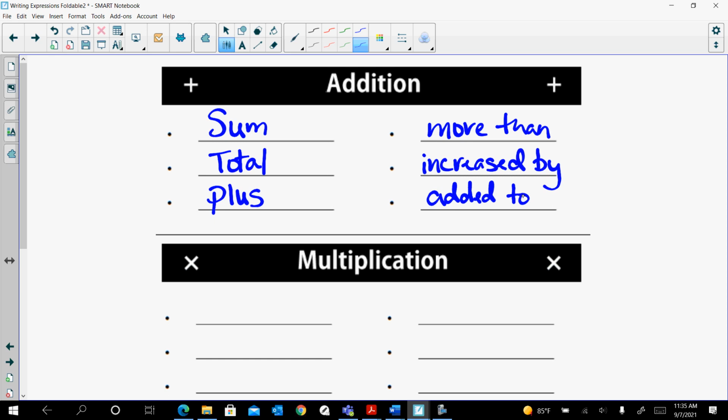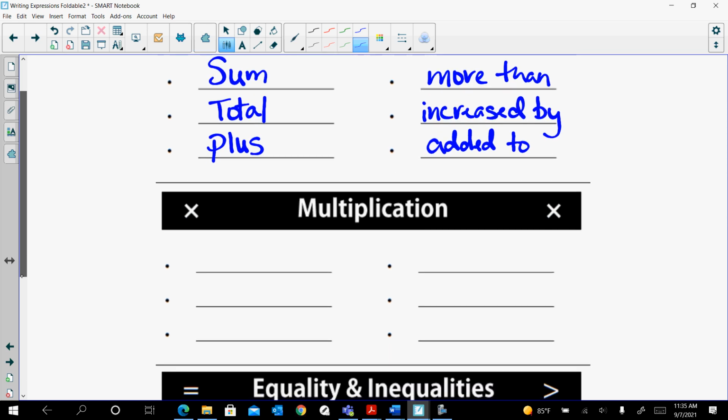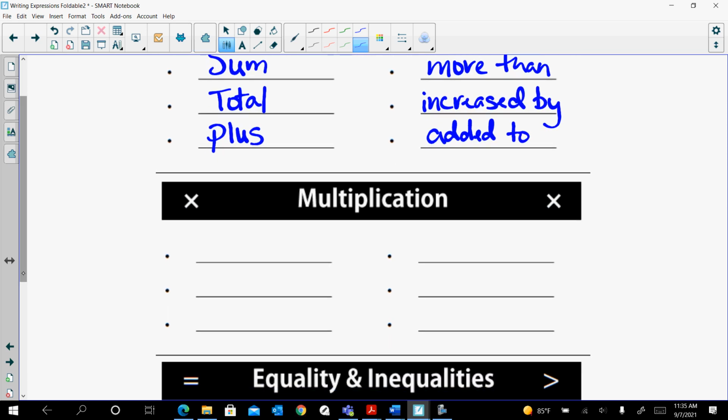Now, for multiplication, product is the word that indicates multiplication. So fill in product for your first item. Times, yes, is the most common, but you need to read product as showing multiplication.